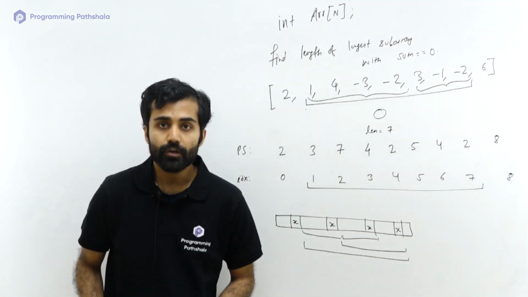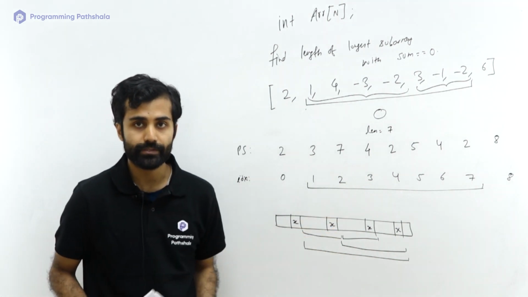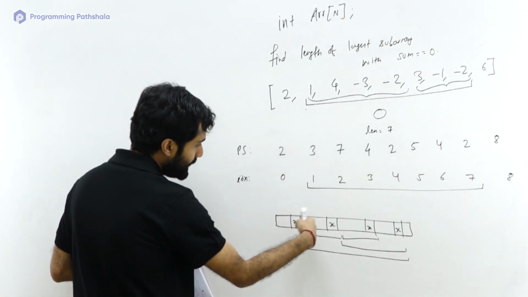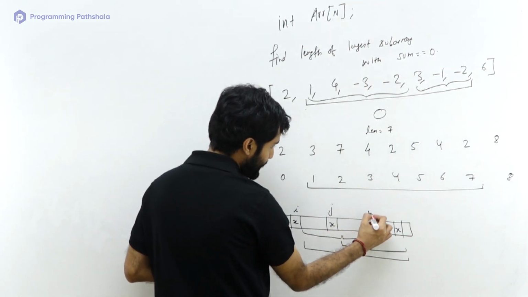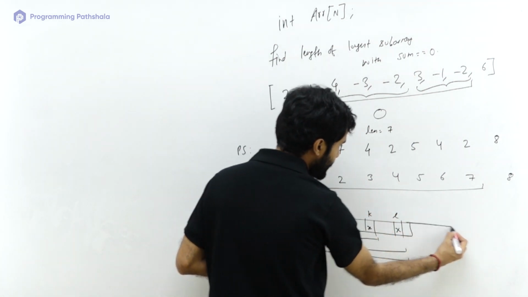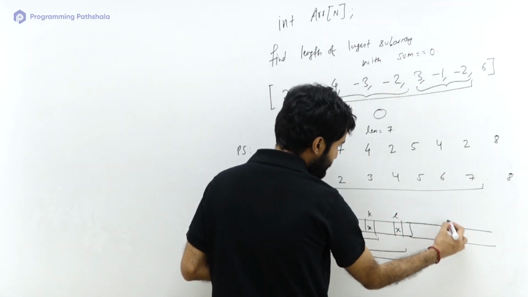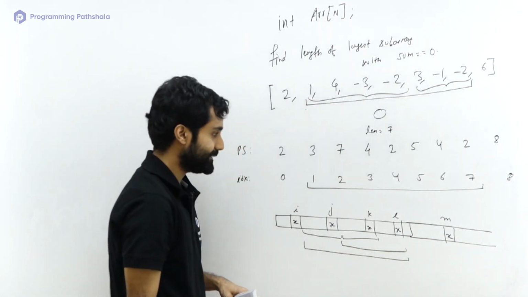Okay guys, so I'll ask you the same question, but now in a different language. So let's say there was a prefix sum that occurred at multiple indices. It occurred at I, then at j, then at k, then at l. And let's say this was a very long array. Now let's say there is some index m where again this prefix sum repeated.